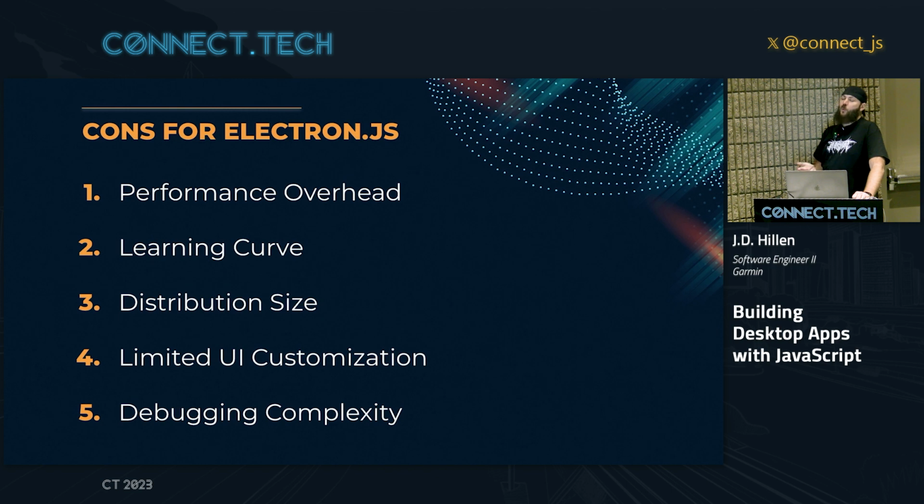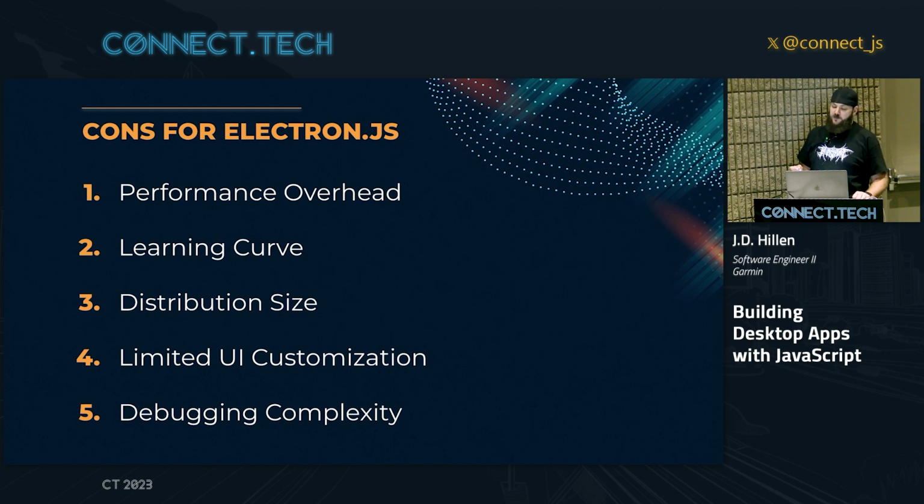So the number one kind of con in this whole Electron.js argument, I guess, is the performance overhead. The applications do have a larger memory footprint and can consume more system resources compared to native applications. The additional layers and dependencies involved in running web technologies within a desktop environment can result in performance overhead and slower execution.